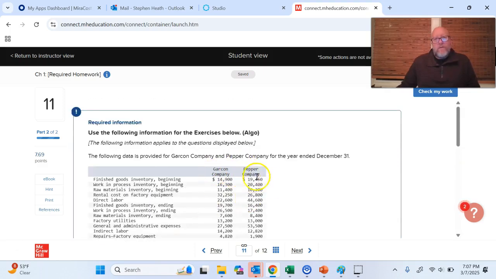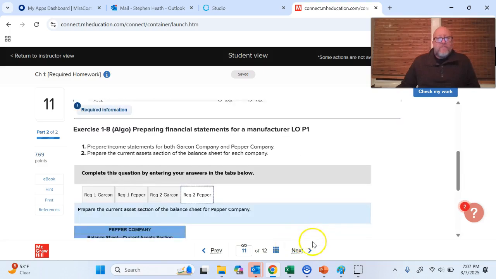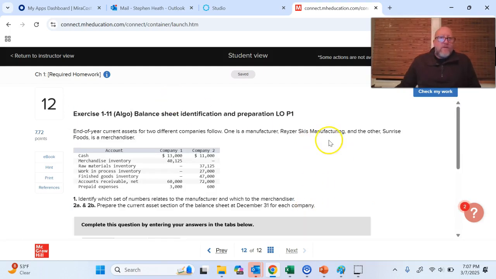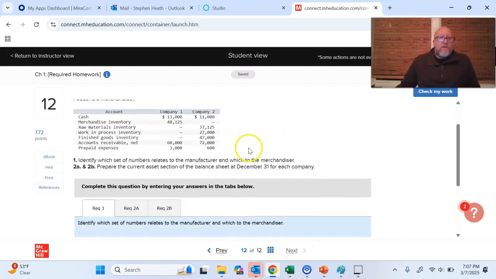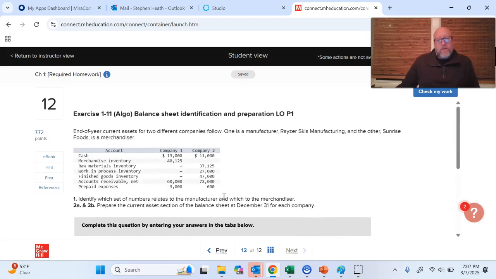So Garcon Company and Pepper Company. And then last but not least, question 12. It's asking us to identify which set of numbers relates to the manufacturer and which ones relate to the merchandiser. Boy, I'm thinking if we don't have raw material, work in process, or finished goods, we're probably a merchandising company.